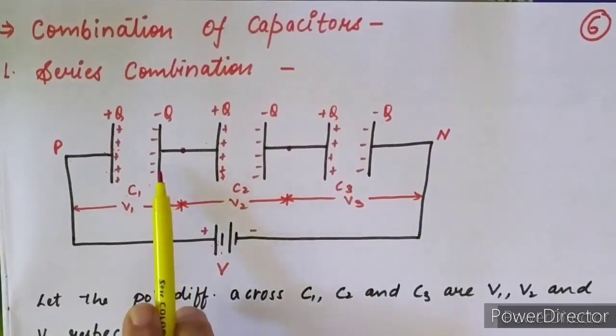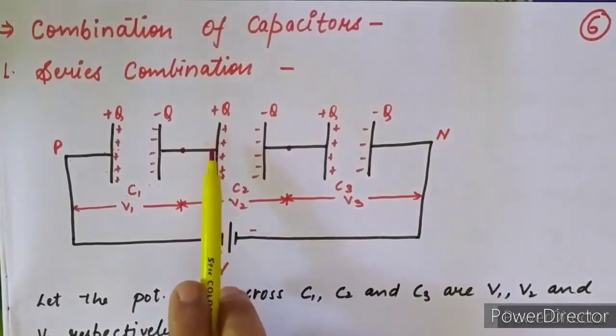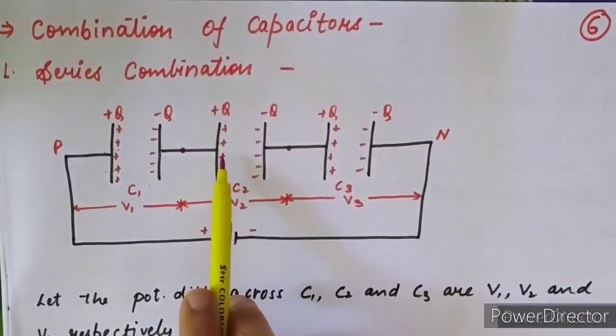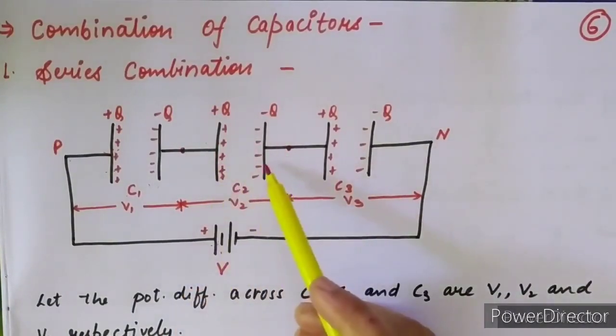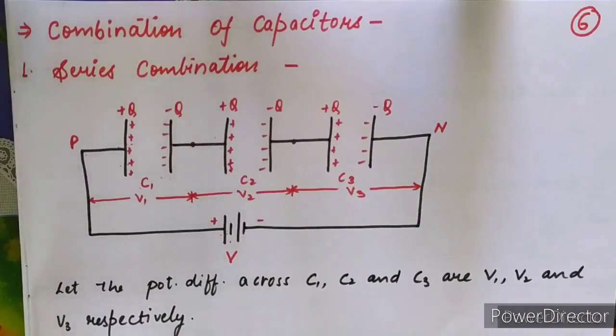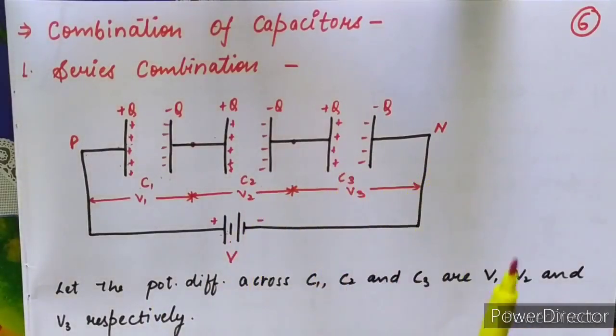Clear? Again here minus Q, because positive attracts the negative, minus Q on the outer surface, plus Q on the inner surface, and again by electrostatic induction, minus Q on the inner surface of the second plate of capacitor C2. Similarly, the same process moves ahead. So by this we can create the charges on the plates of the capacitor.